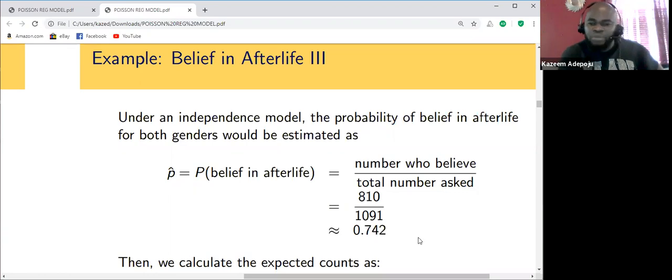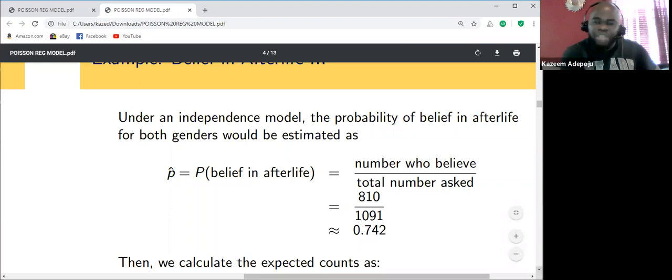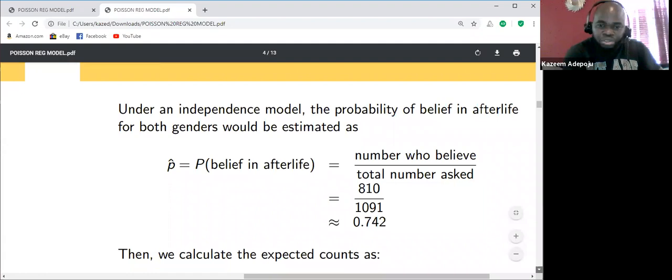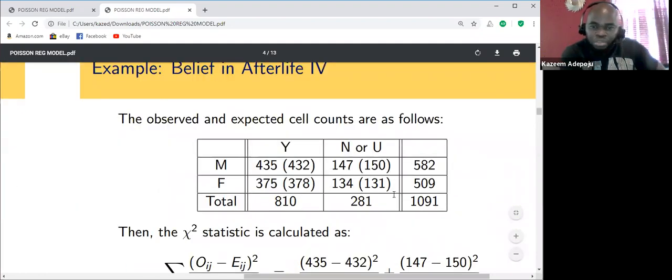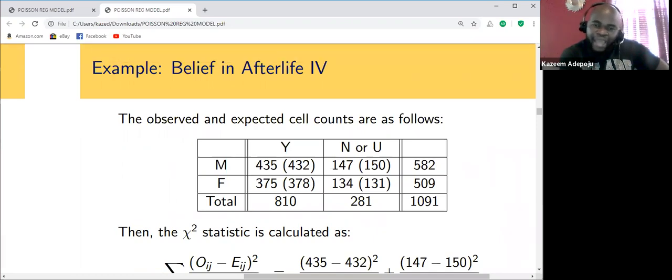So if you want to find the expected number of males that will say no or undecided, you're going to use 1 minus this. You're going to multiply that by 147.